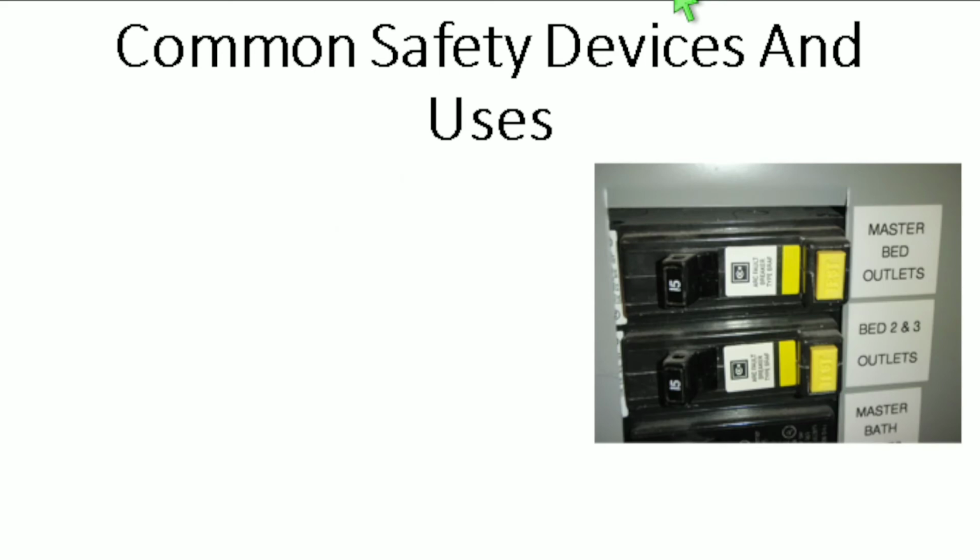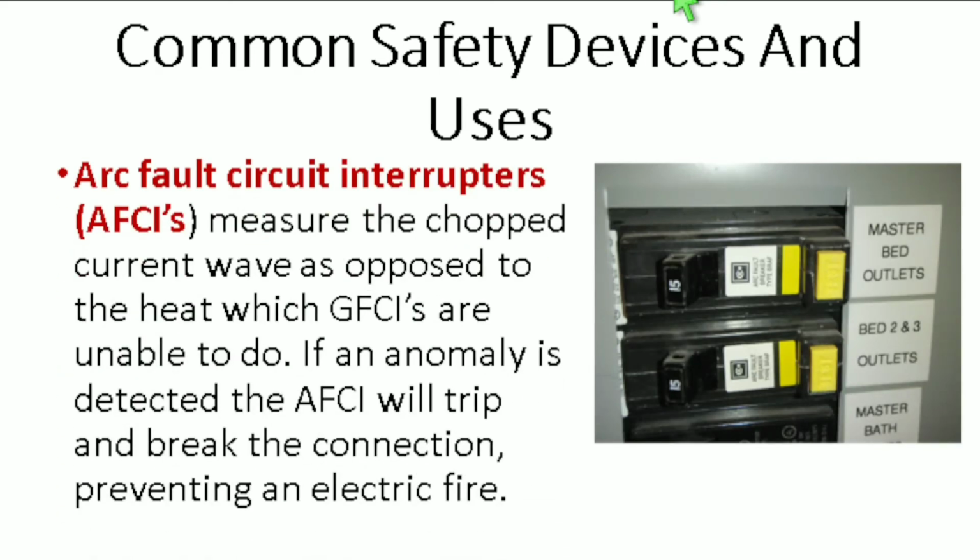Next device is the AFCI, or arc fault circuit interrupter. This measures the chopped current wave, which GFCIs are unable to do. If an anomaly is detected, the AFCI will trip and break the connection, preventing an electric fire.